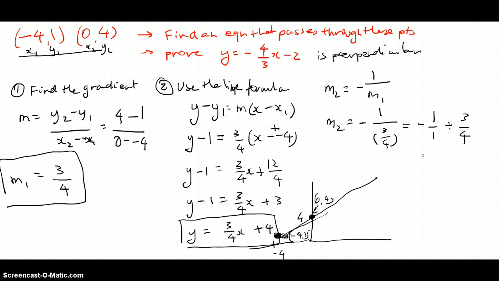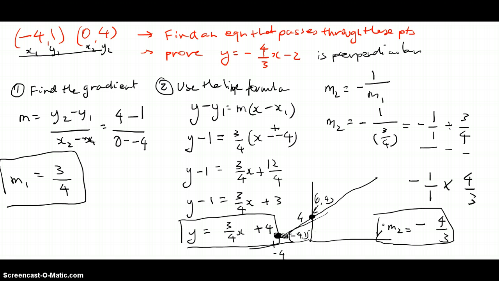Now there's a cool trick you can do with dividing fractions. You can just keep this, change this, and then flip this. So this becomes minus 1 over 1, change it to a times, flip it to a 4 over 3, and so this becomes minus 4 over 3, which is your value for m2.